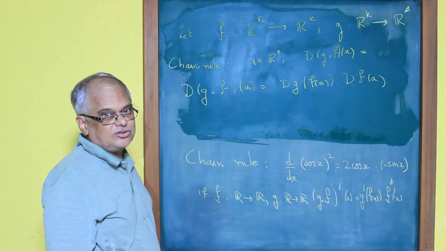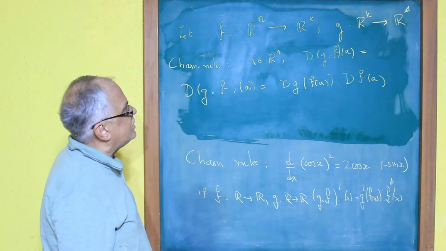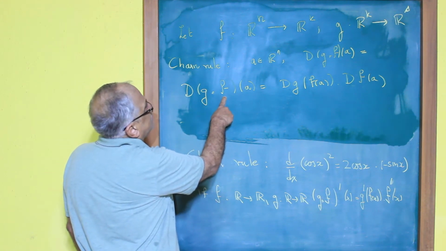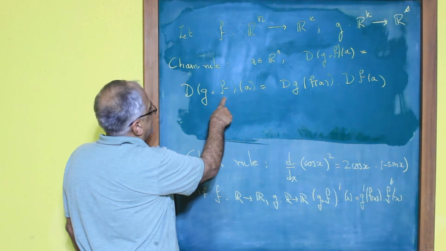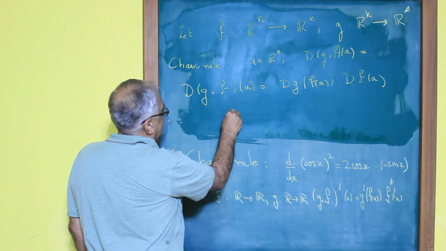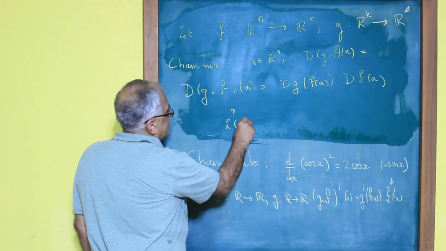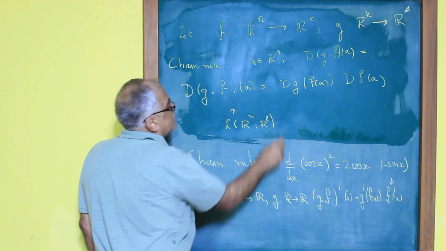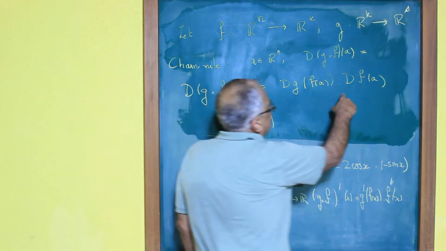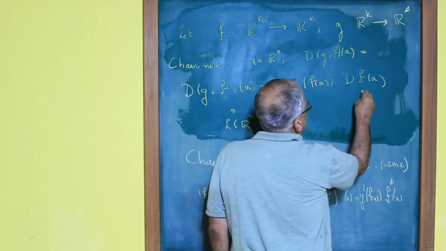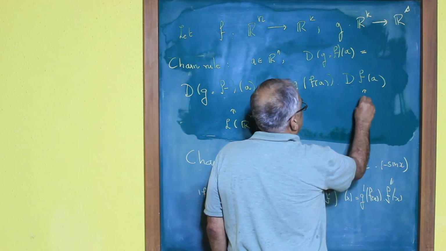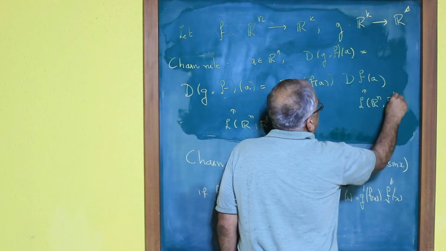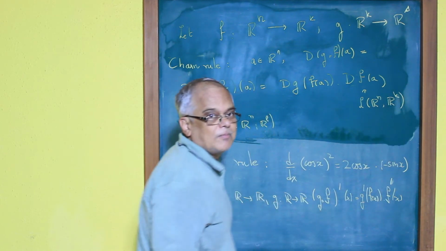Notice that all these things actually make sense because the derivative of g composed with f at A is a map from Rn to Rl. So this quantity is an element in linear maps from Rn to Rl. The derivative of f at A is a linear map from Rn to Rk.